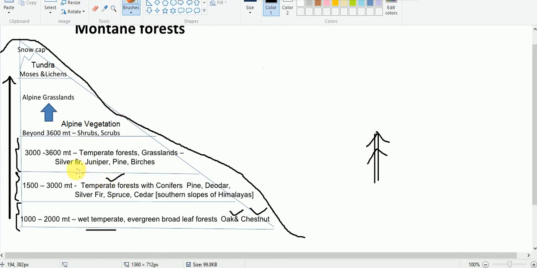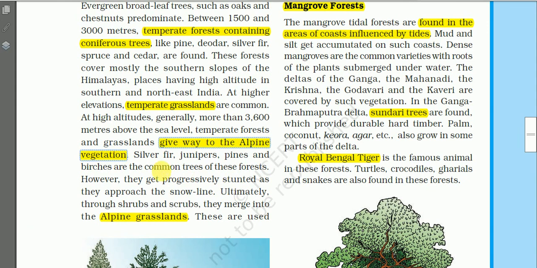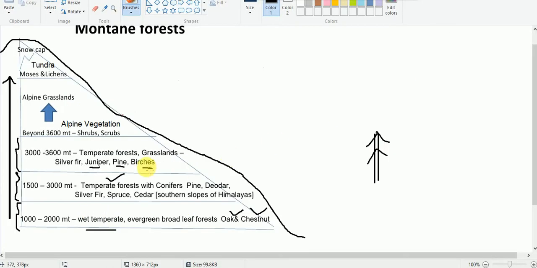And the important trees grown in this area are silver fir, juniper, pine and birches. See here, silver fir, junipers, pine and birches are grown between 3,000 and 3,600 meters above the sea level.